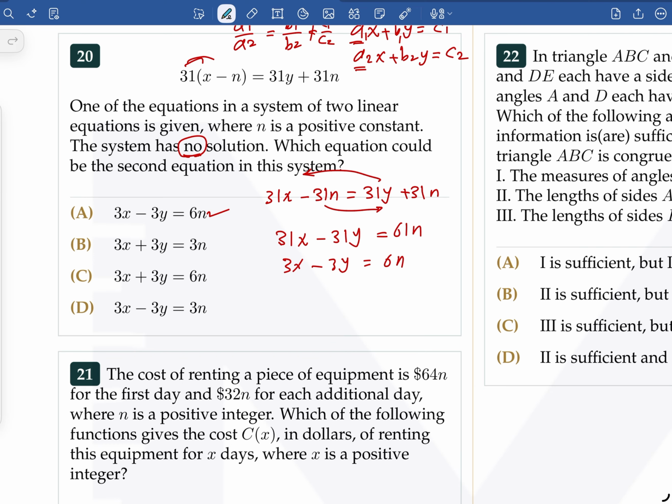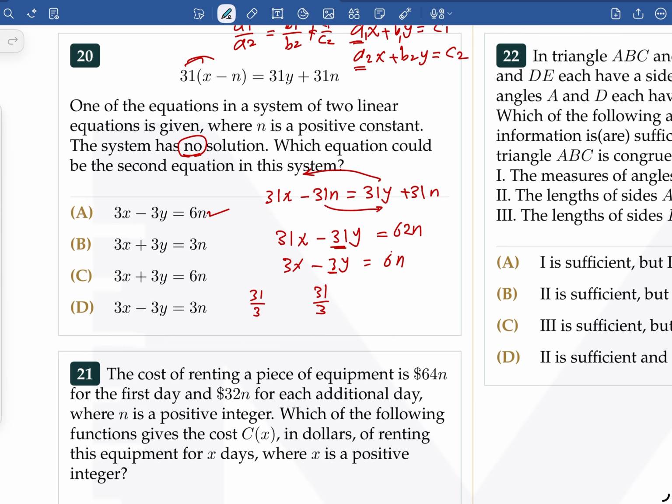If you check this one, you can see that here 31 divided by 3 is 31 over 3. Sorry, this is 62. 31 plus 31 is 62, okay? 31 divided by 3 is 31 over 3. And then negative 31 divided by negative 3 is the same as 31 over 3.